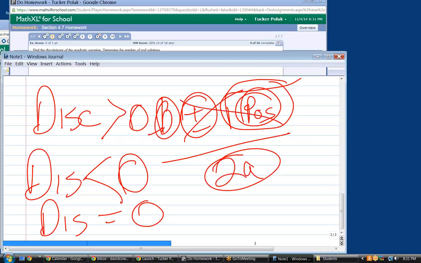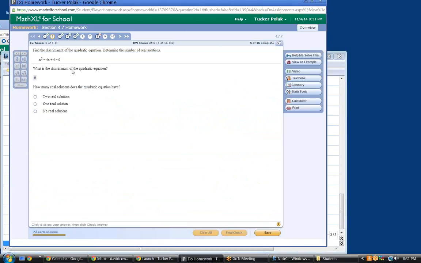So when the discriminant is exactly equal to 0, you have exactly one real solution. So you got three possibilities. You either have two reals, two imaginaries, or one real. Since the discriminant was equal to 0, we have precisely one real.